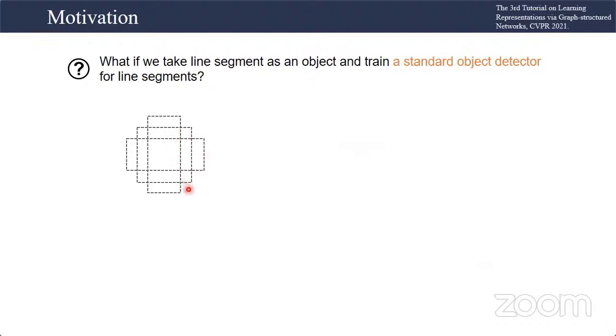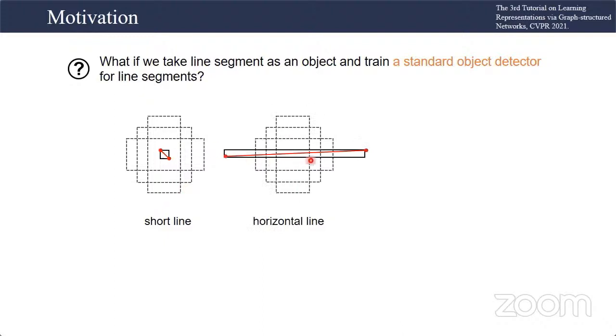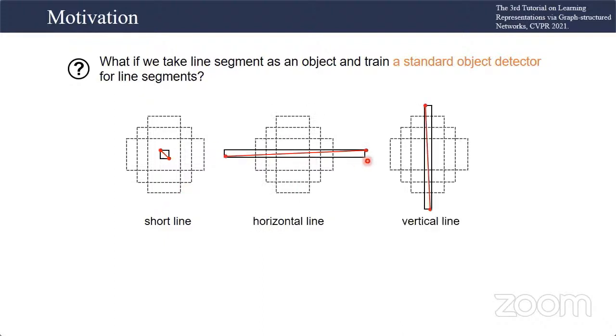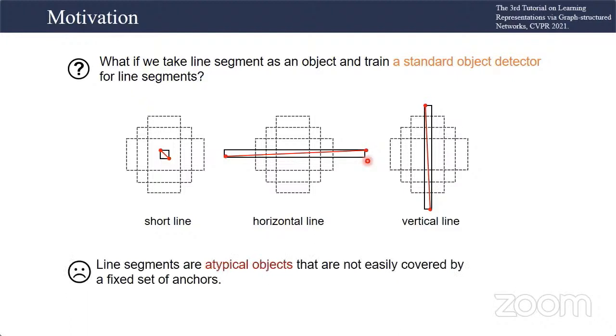However, line segments are atypical objects that do not observe regular aspect ratios. For example, here we show 3 extreme cases for line segments that do not fit into the regular anchors: a short line, a near horizontal line, and then a near vertical line. They're hard to be covered by limited choices of predefined anchors. So in our ablation study, we will see that treating line segments as standard objects using Fast RCNN will lead to a suboptimal solution.